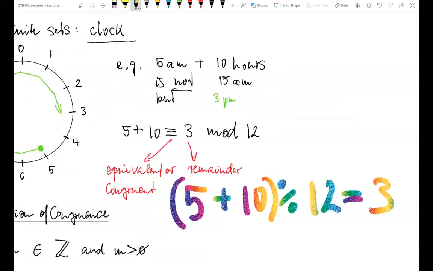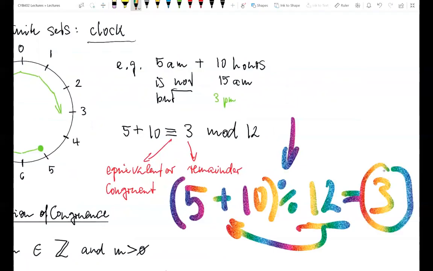What you see from that is the modulo operation tells us that we are not really interested in how many times the 12 goes into 15. What we are really interested in is the remainder of that division.